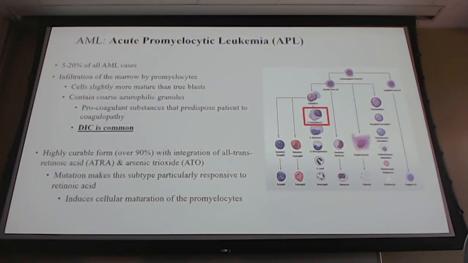They're kind of one step up. What I want you to get out of this is DIC is common. So these patients are at increased risk for DIC, for APL, right? That's because those cells are slightly more mature than blasts, and they predispose the patient to coagulopathy because of those procoagulant substances, right? So APL, I want you to think DIC.